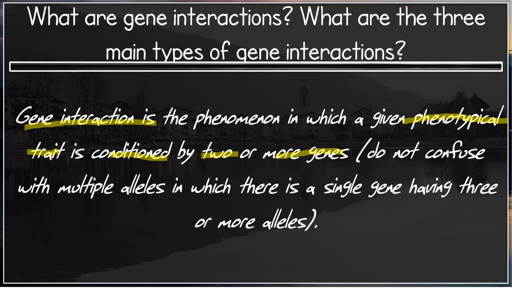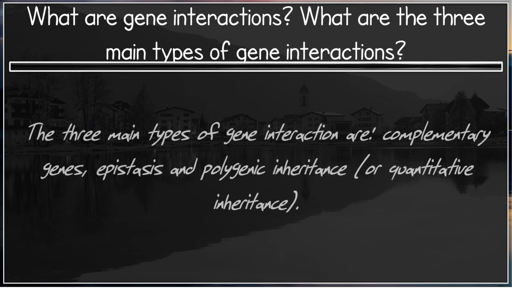Do not confuse with multiple alleles, in which there is a single gene having three or more alleles. The three main types of gene interaction are complementary genes, epistasis, and polygenic inheritance, or what we call quantitative inheritance.